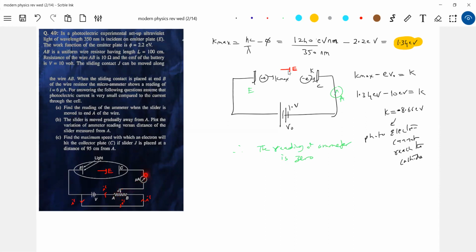This becomes like a potential divider formula. The electrons will start reaching the collector only when the potential drop across this is less than or equal to 1.3 volt. 1.3 volt here means 8.7 should be here. So the reading of current will be non-zero when the jockey is at a distance of 87 centimeter.